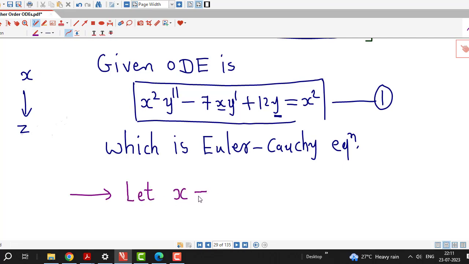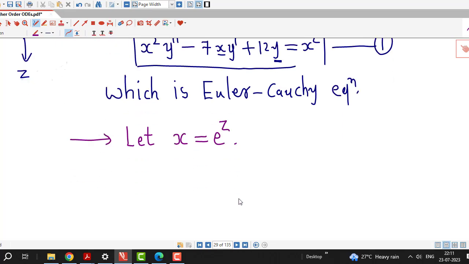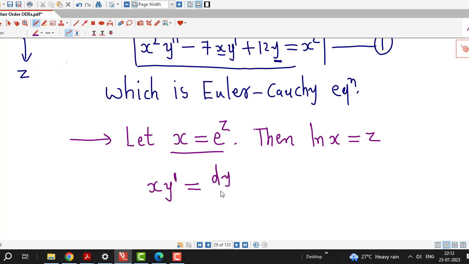We are using the transformation x equal to e raised to z, and if we take logarithm on both sides, we have log x equal to log of e raised to z, that is z. And x into y dash, that is x into dy by dx, will be equal to dy by dz.